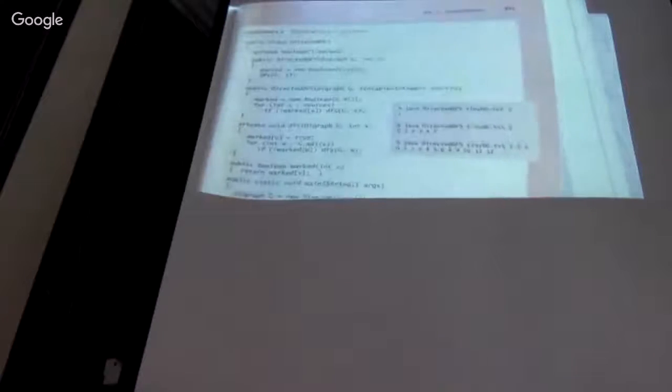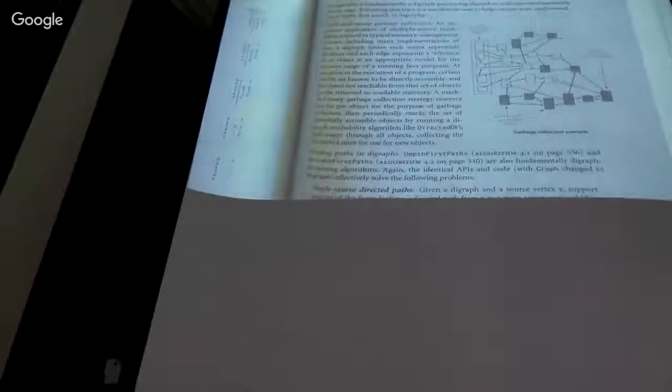But the point I wanted to come to is we've talked a lot about Java garbage collection, and I thought this was such a nice application: reachability in directed graphs. So consider your memory. You know how garbage collection works.